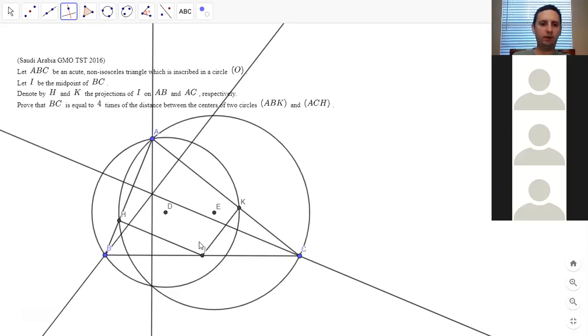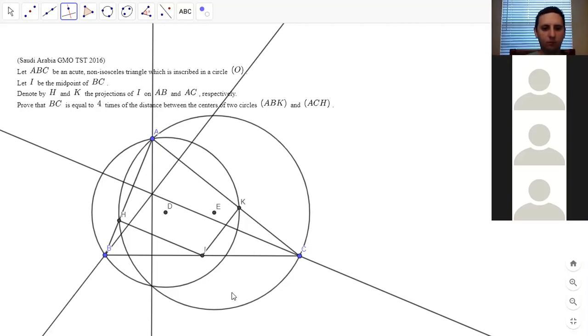So yeah, DE is parallel to BC. Is that obvious? If you prove that the A altitude is the radical axis, then it solves. That would solve it. Okay.